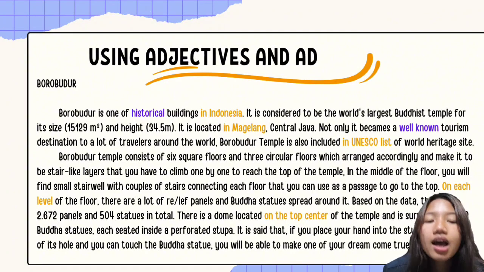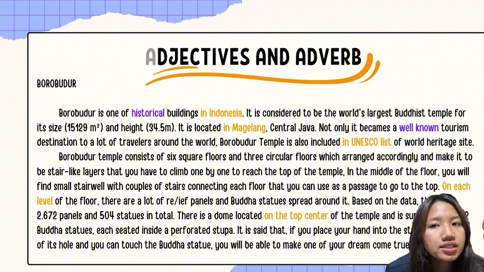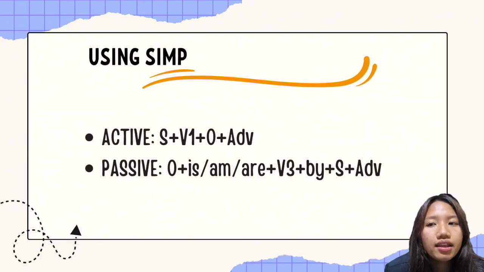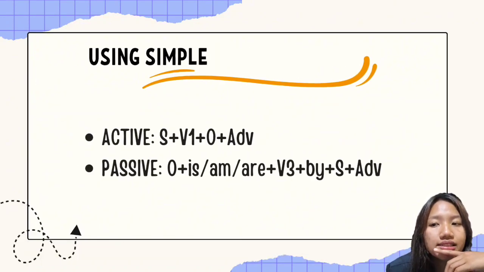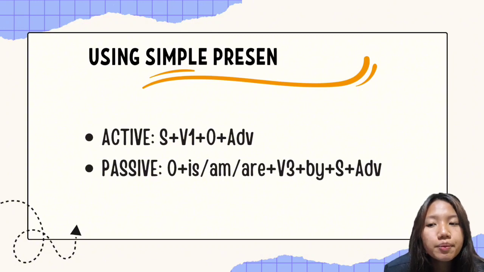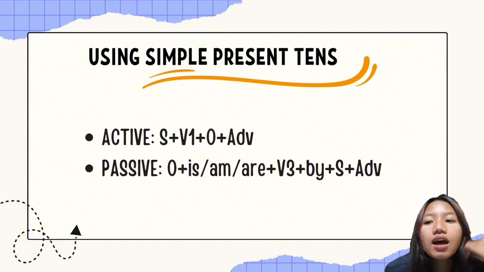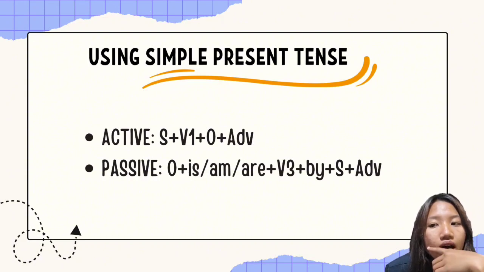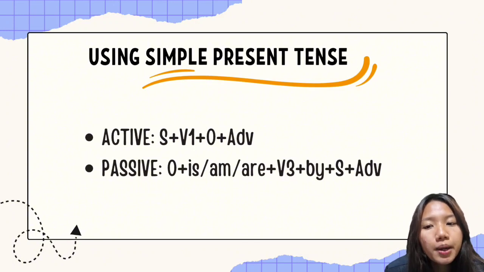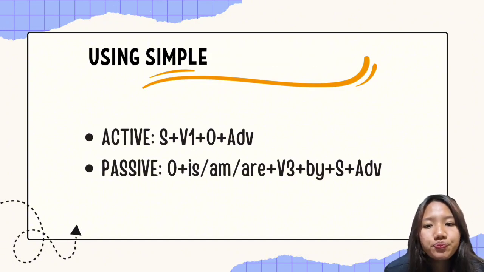So the next is using present passive voice, and this has 2 forms, active and also passive. For the active it is subject plus verb 1 plus object and then plus adverb, and the passive is object first and then to be, and then verb 3 plus by plus subject plus adverb.